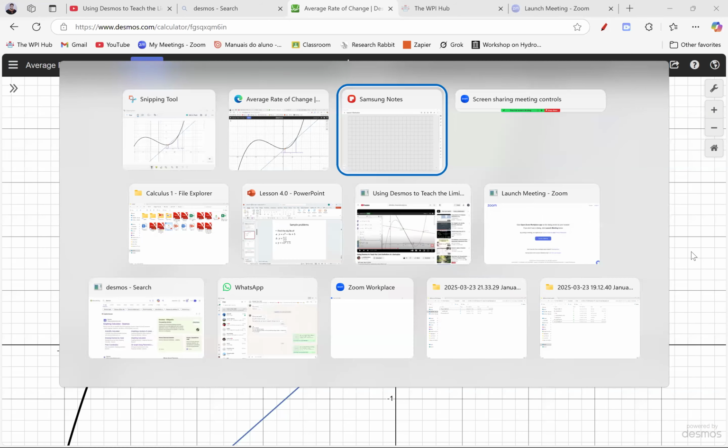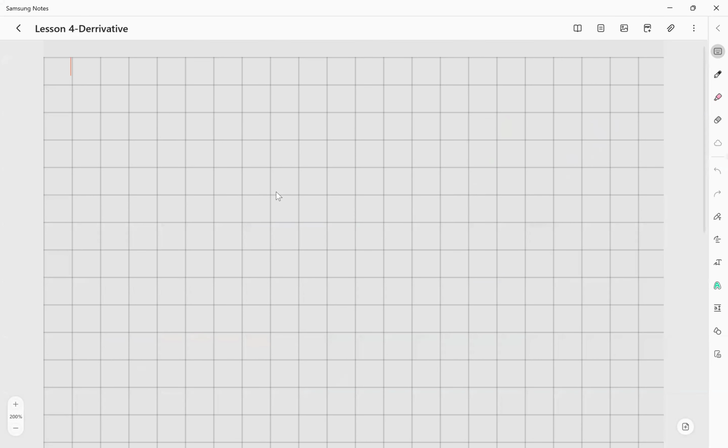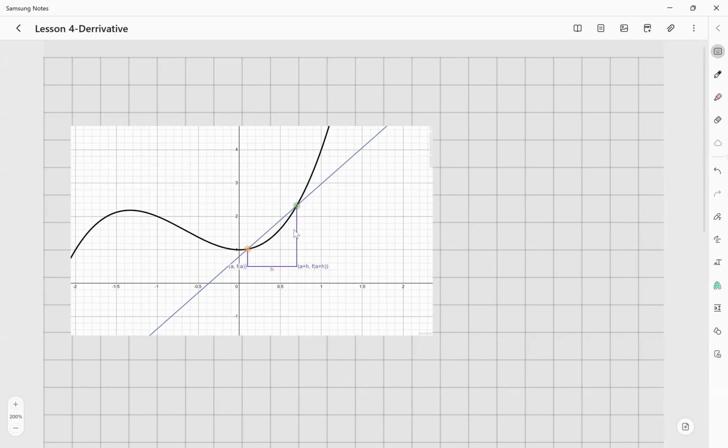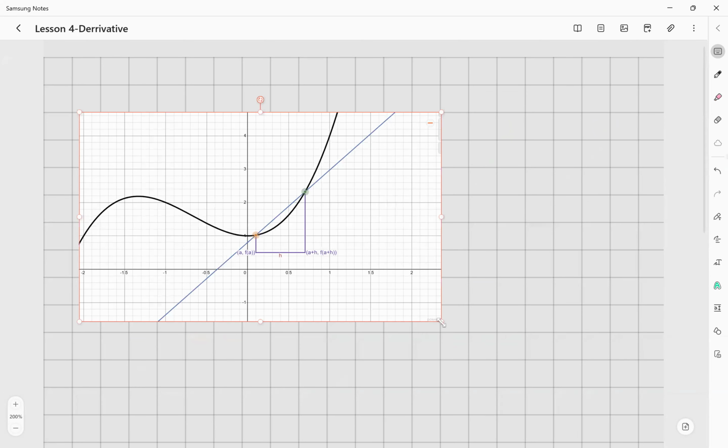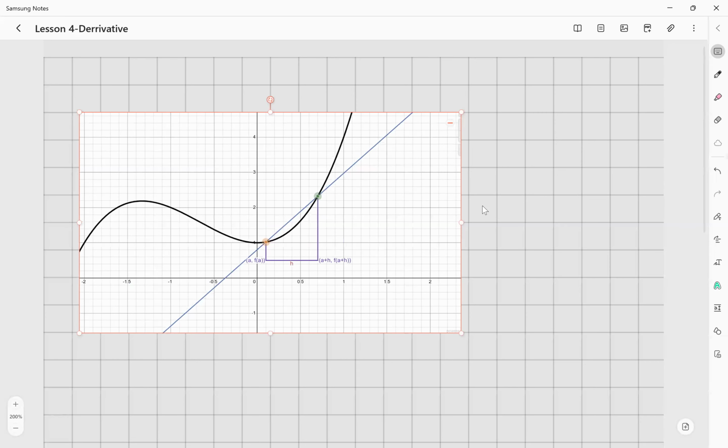All right. So now that you understand this, this is the definition of a derivative. This is how you define derivative.